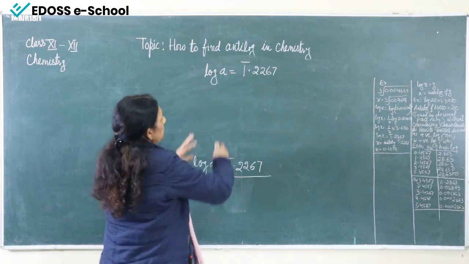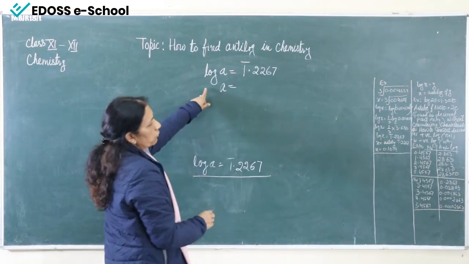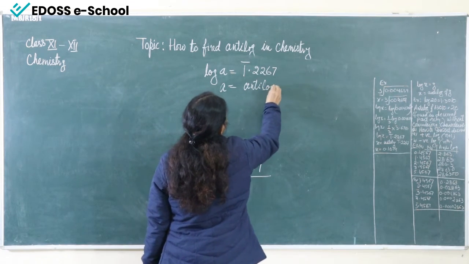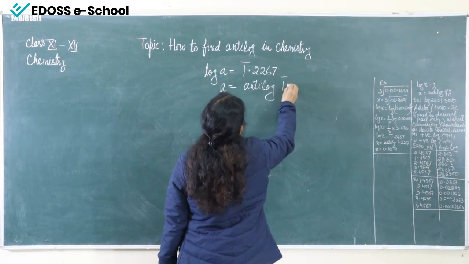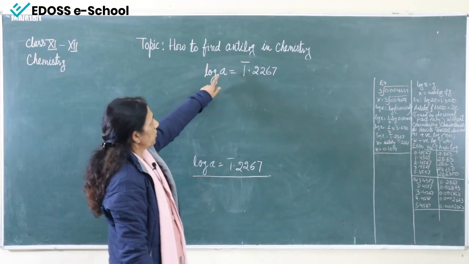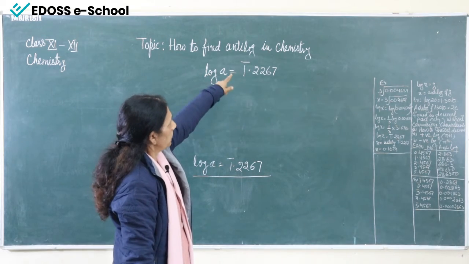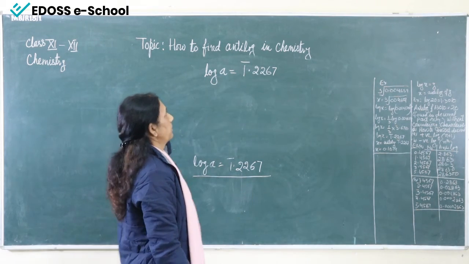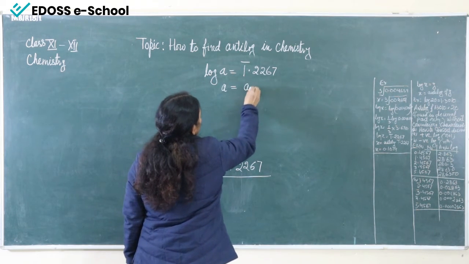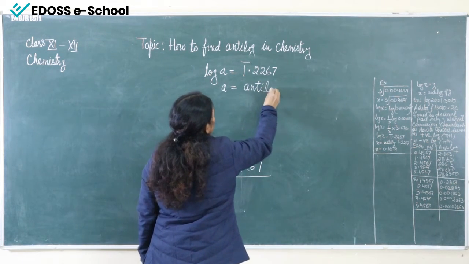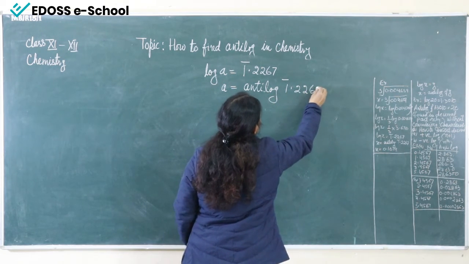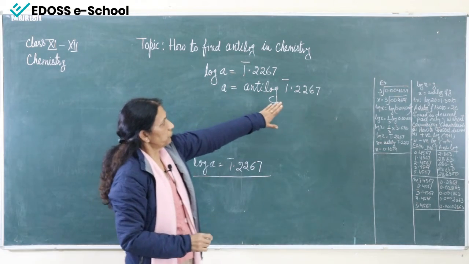That means, this A will be equal to anti-log of 1 negative 2267. So, we have seen that log A is equal to 1 bar 0.2267, or we can say that A will be equal to anti-log of this number, anti-log 1 bar 2267. Okay.